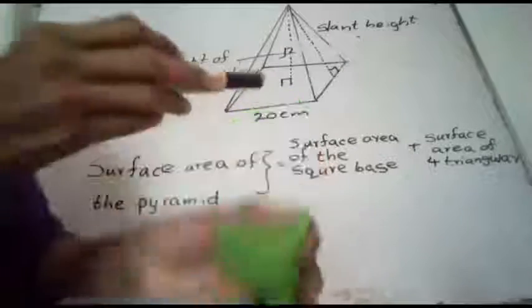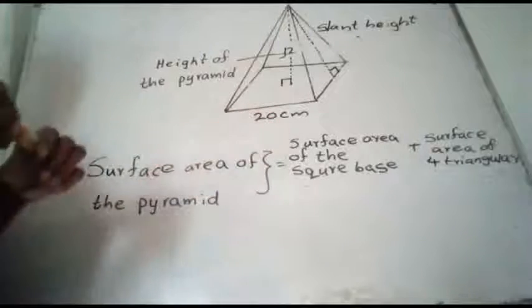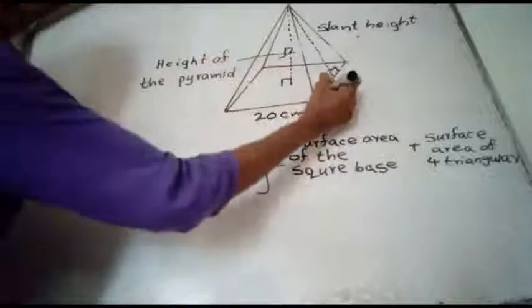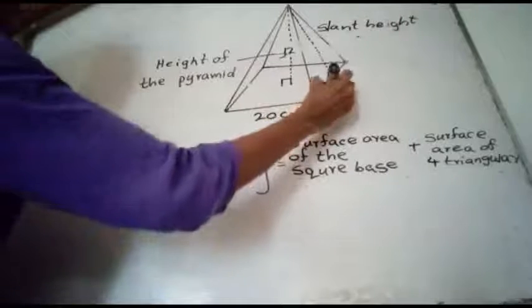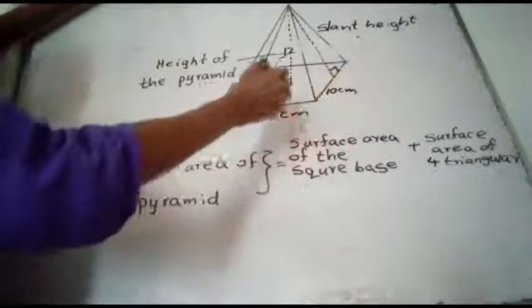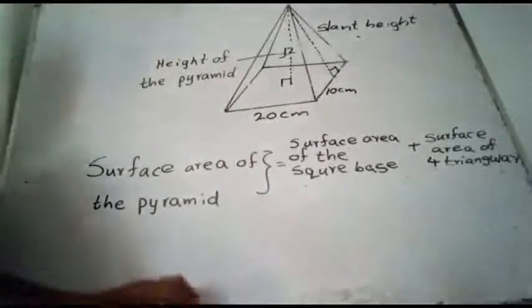The length of this edge is 20 centimeters in this question. Then this distance is half of 20, which is equal to 10 centimeters.